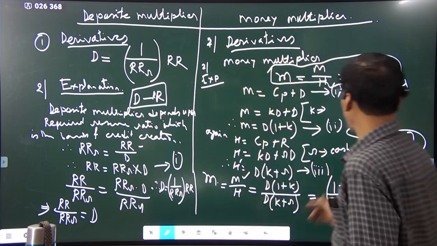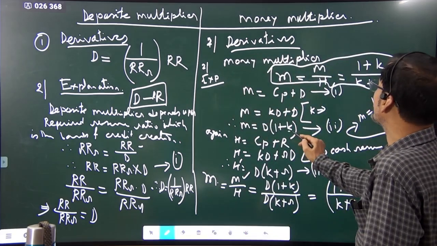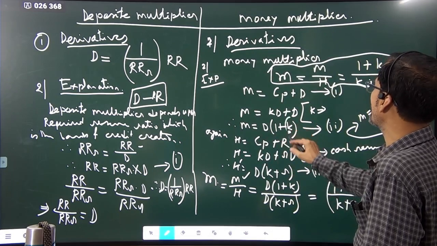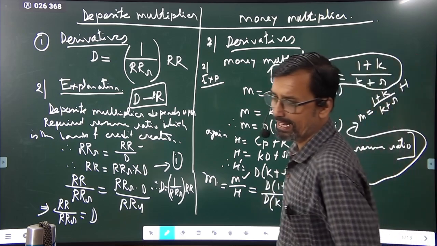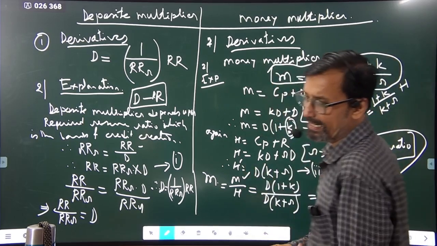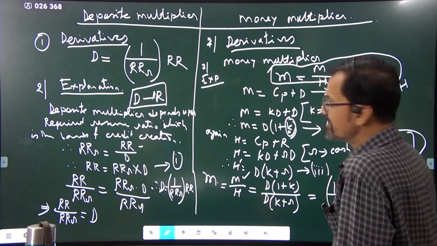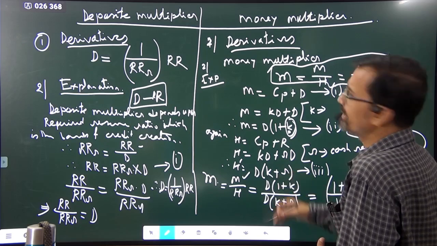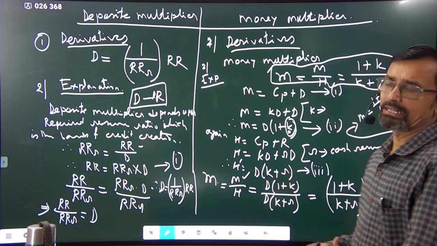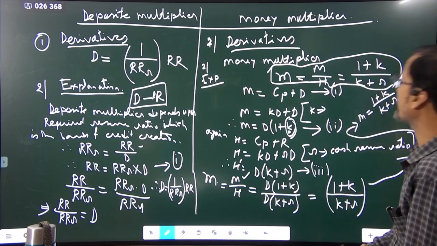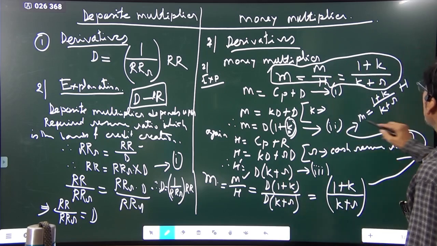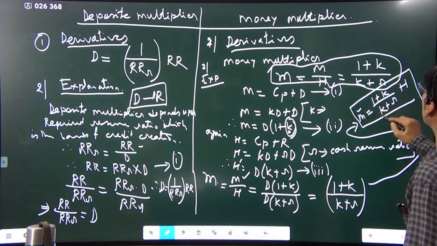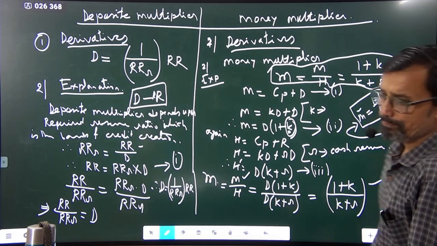You must remember, we are not writing it here, but you write down that this K indicates the currency deposit ratio, and small letter R indicates the reserve ratio. So this is how we get this equation, that is, the money multiplier.